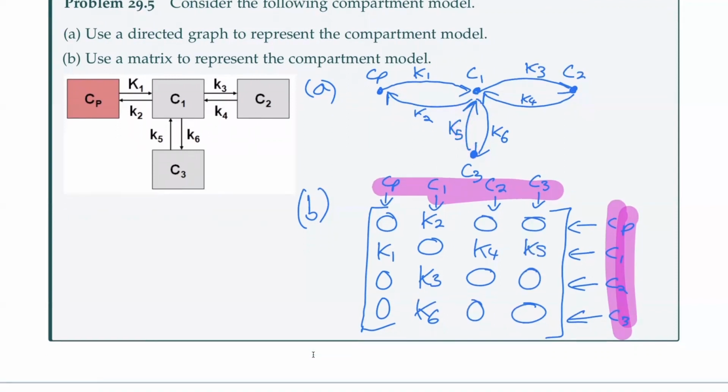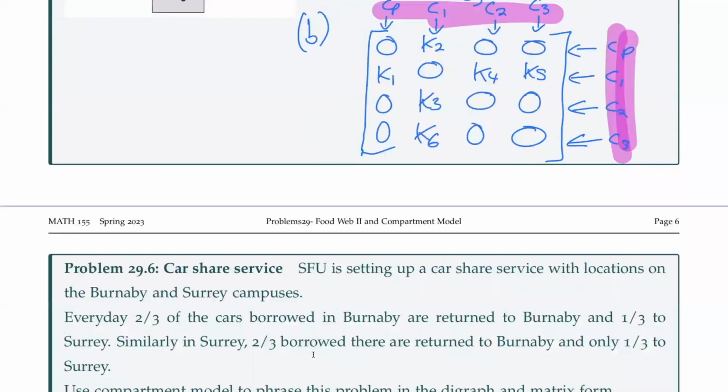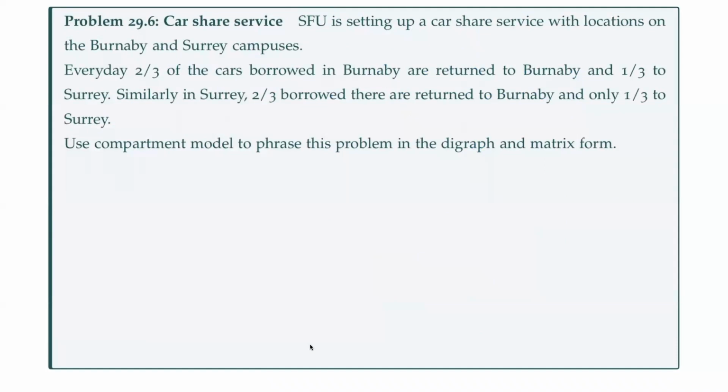Okay. So, like I said, we can go back and forth between these graphs and these matrices representing movement between them in a compartment model. If you recall earlier in the semester, we went through an example of a compartment model when we first introduced our matrices, looking at an example of a car sharing service at the Burnaby and Surrey campuses for SFU.